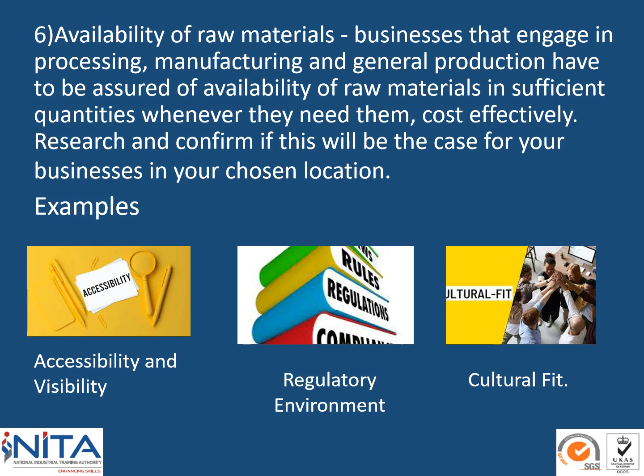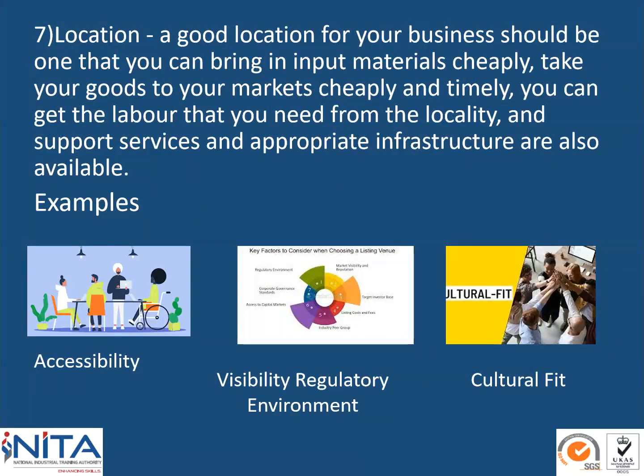Examples: accessibility, make sure that you are accessible to the raw materials. Regulatory environment, make sure you know the environment within which you operate. And the cultural fit, understand the market and ensure that the market will accept your product.